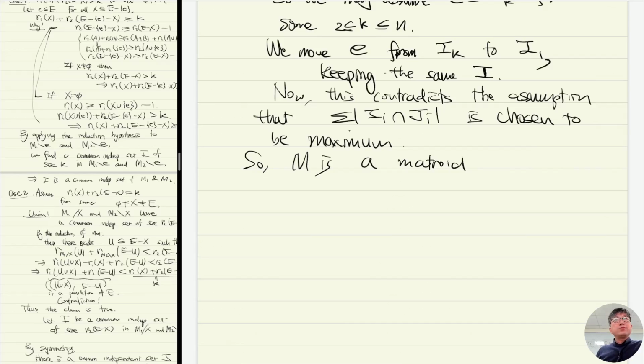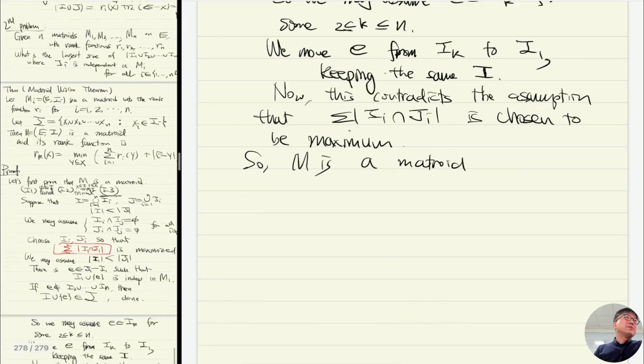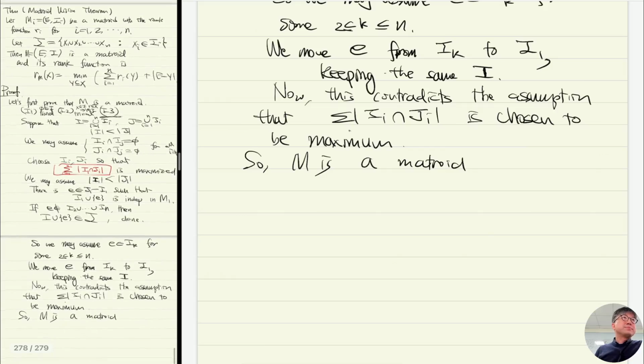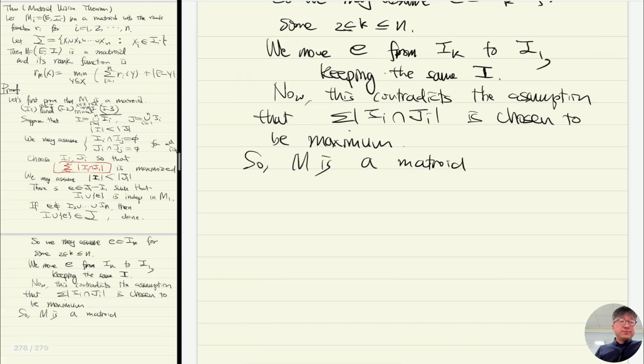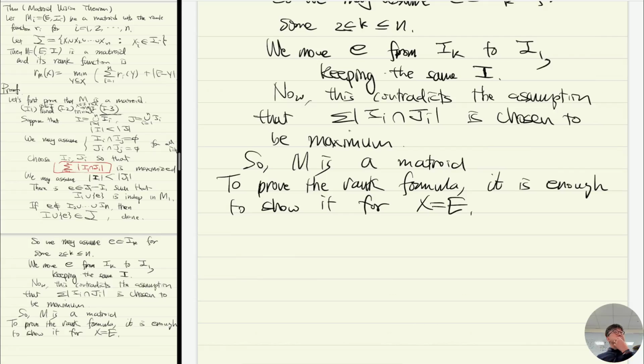Right, so now we need to prove the rank function. Where's the statement? Okay, here's the statement. We are proving the union theorem. Why is this a rank function? Now, to prove the rank formula, it is enough to show it for the case when X is equal to E, because on the right hand side it's all about the Ri, and if X is a subset of E, you just take a minor, right?